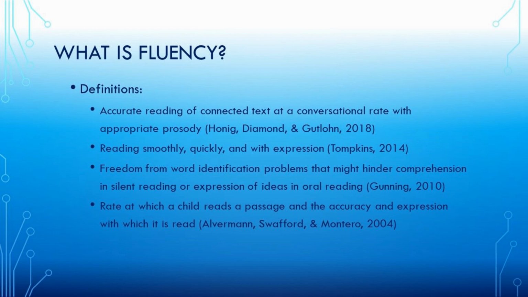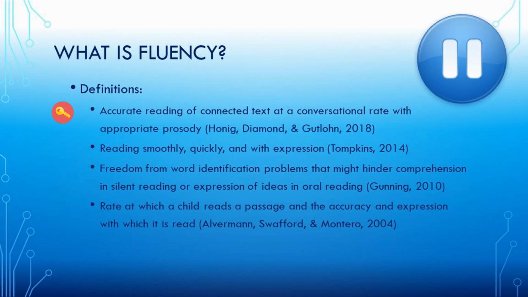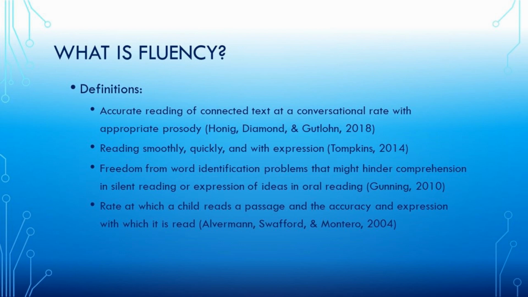The Reading Sourcebook gives fluency the definition that it is the accurate reading of connected text at a conversational rate with appropriate prosody. Tompkins defined fluency as reading smoothly, quickly, and with expression. Gunning defines fluency as freedom from word identification problems that might hinder comprehension in silent reading or expression of ideas in oral reading.